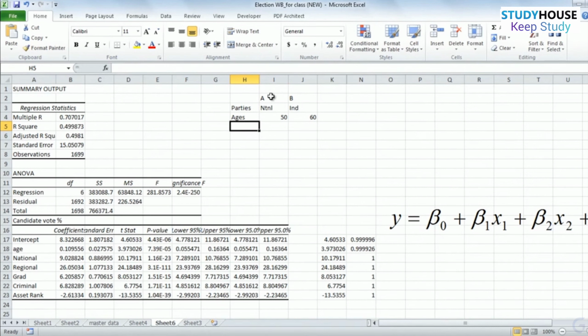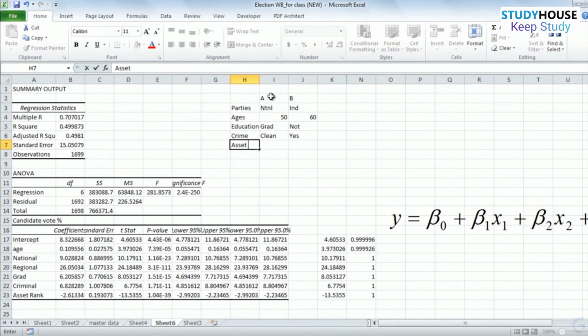In terms of education, let's have candidate A who is a graduate and candidate B who is not a graduate. Crime records: candidate A is clean and candidate B has some crime record. Yes, you're just creating an example.